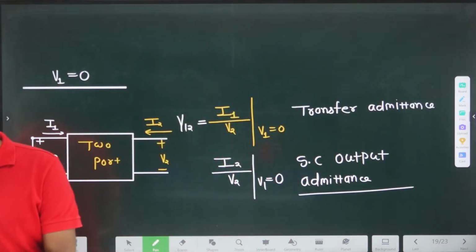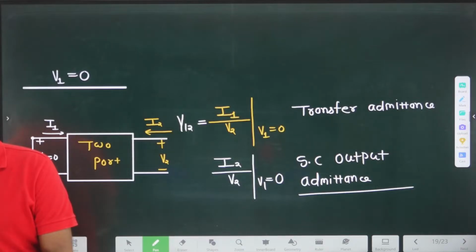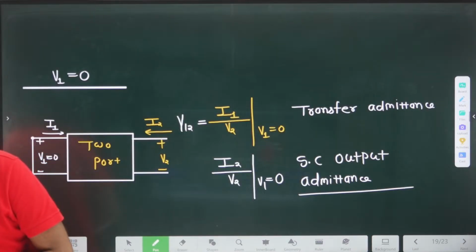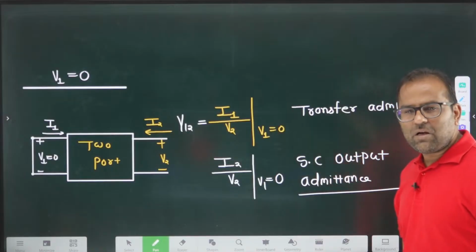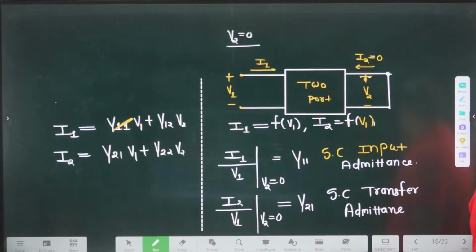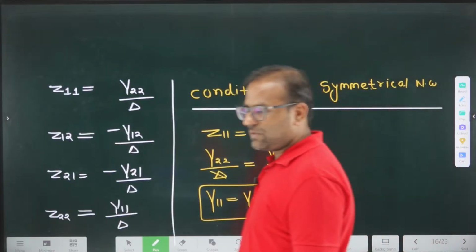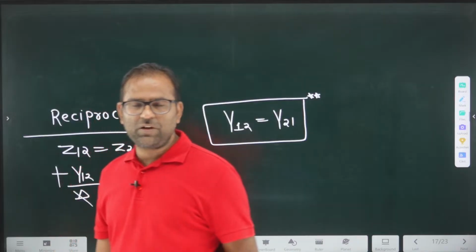So this is our whole agenda. Short circuit output admittance. Now let's calculate the y parameters of a network. How we can calculate the y parameters of a network?